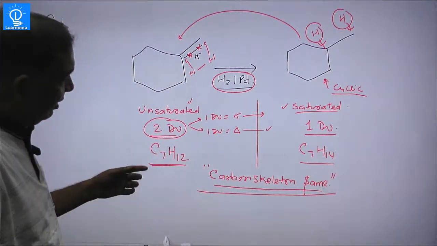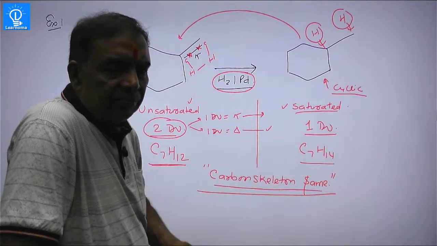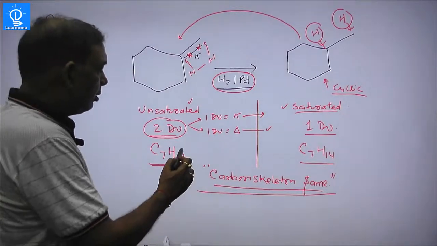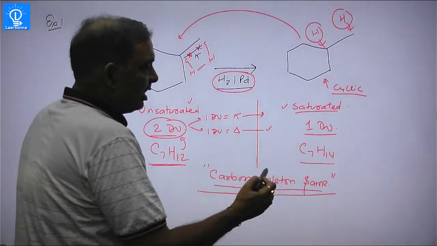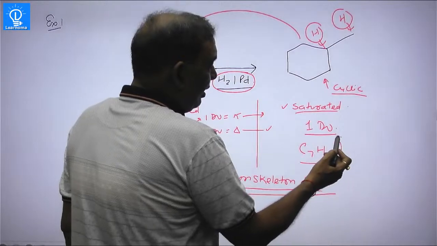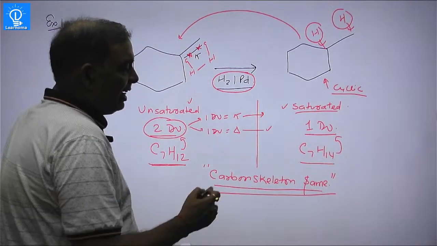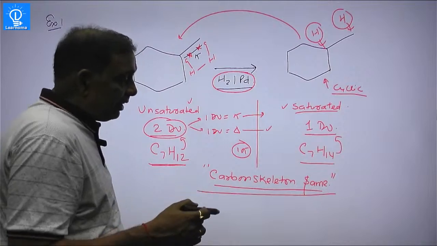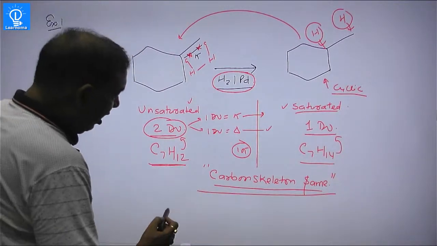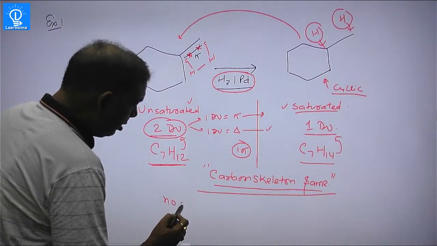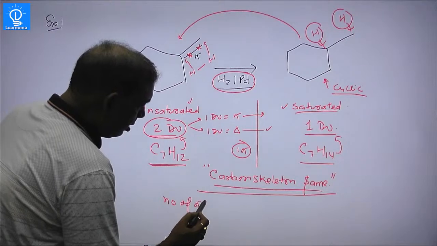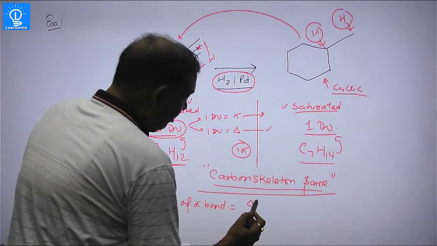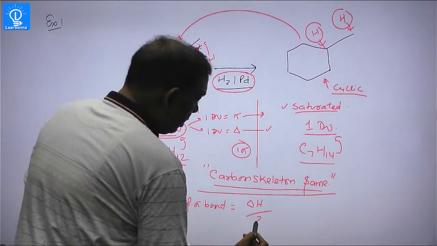We can compare the formula. C7H12, 2 DU. C7H14, 1 DU. What does this mean? This implies 1 pi bond is there. Or in other words, the number of pi bonds is equal to the change in hydrogen divided by 2.